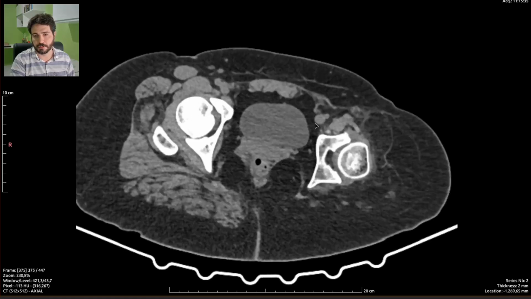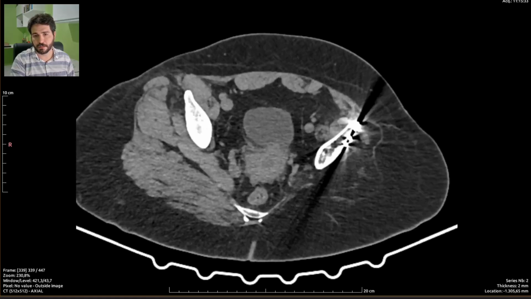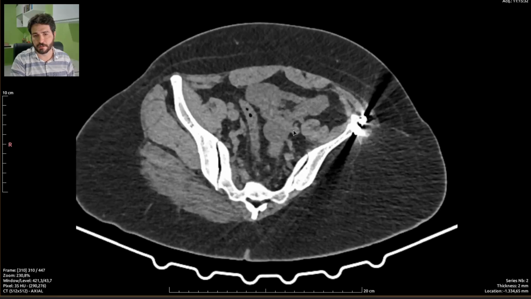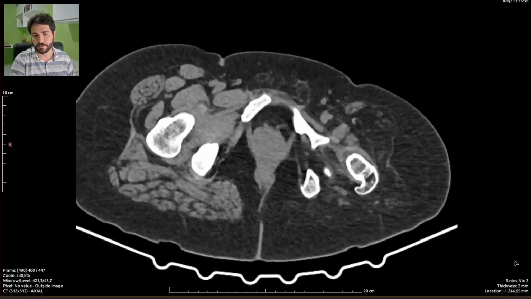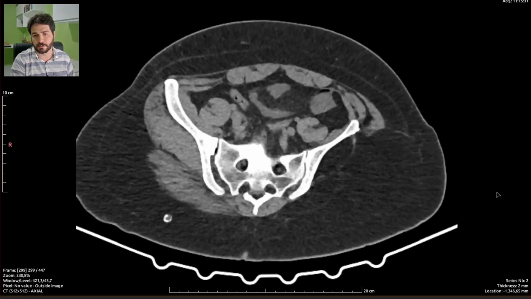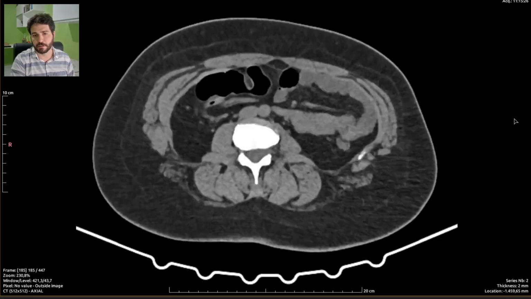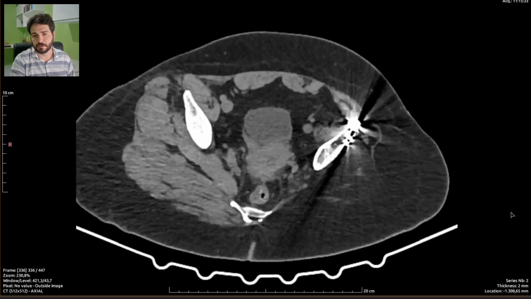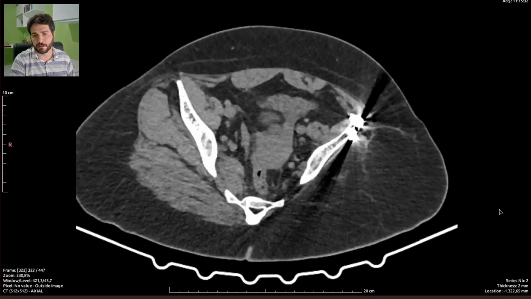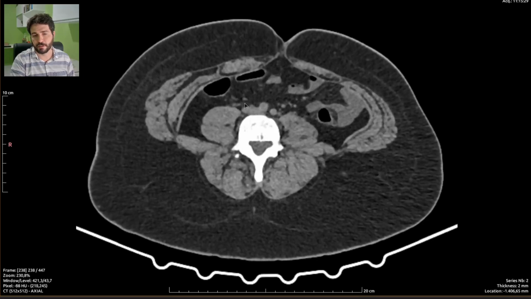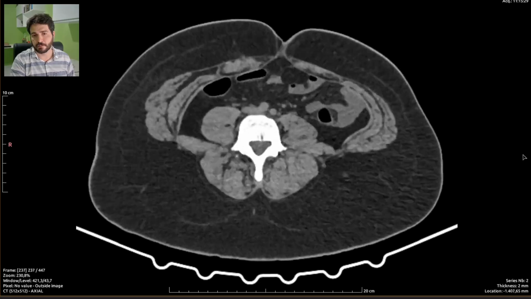So the urinary bladder is okay, the uterus is okay. There is probably an ovarian cyst on the left, but the pain is on the right. Her sigmoid colon is redundant, elongated, it goes up on the right side of the abdomen and not on the left side.